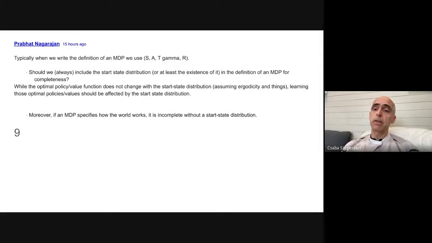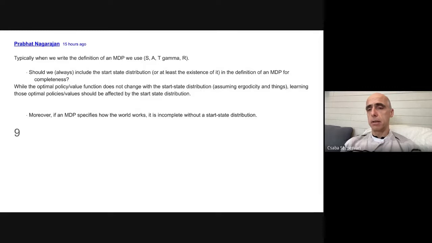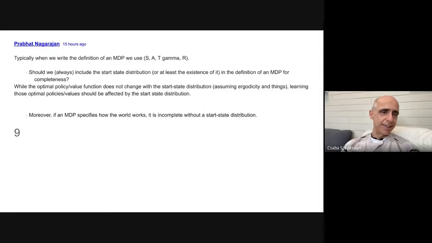No matter what initial state you're thrown at, you have to be able to act well. So in those cases, the start state distribution is not too natural. Later on, we will deal a lot with start state distributions and finite horizons, but it's out of necessity almost.